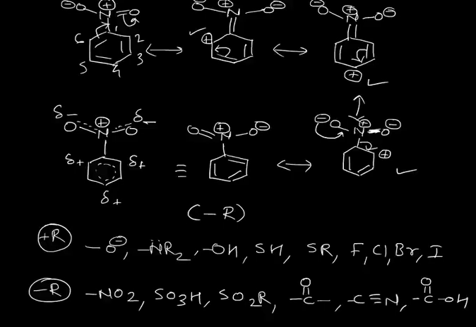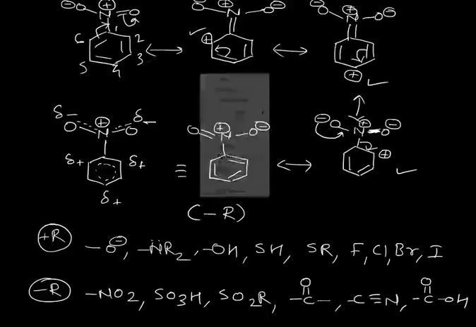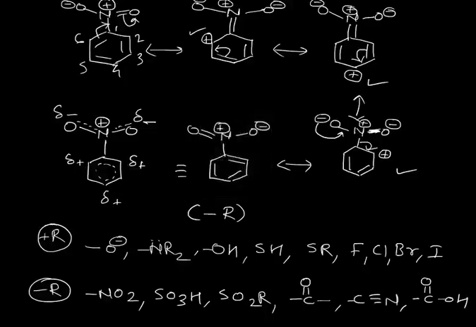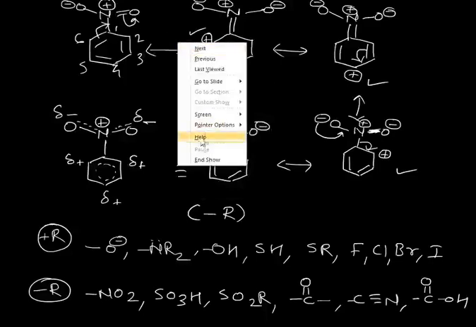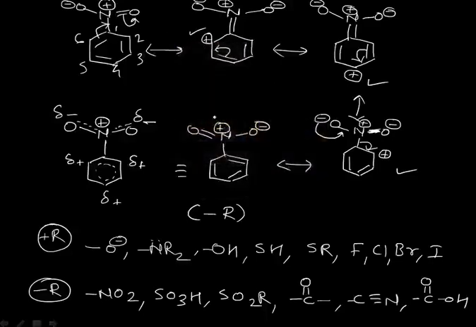Here we have a number of structures for the NO2 group. Suppose this is the first, second, third, fourth, and fifth. Those are different resonating structures.